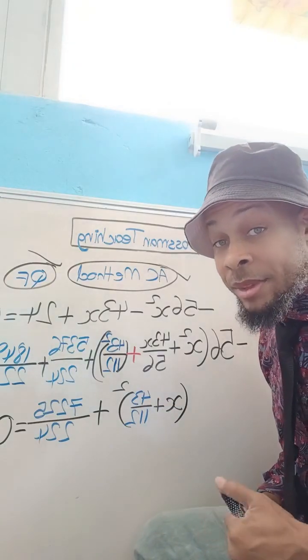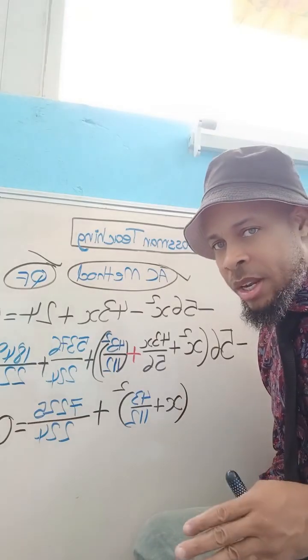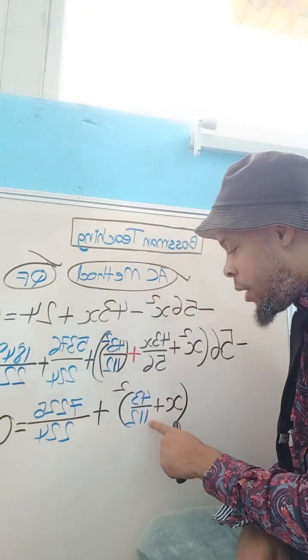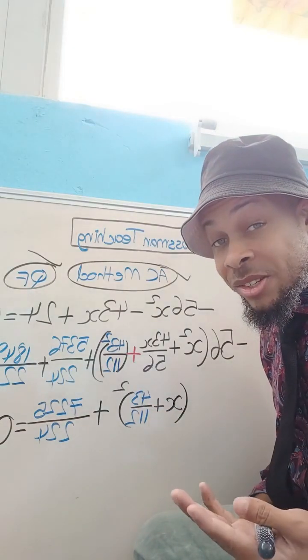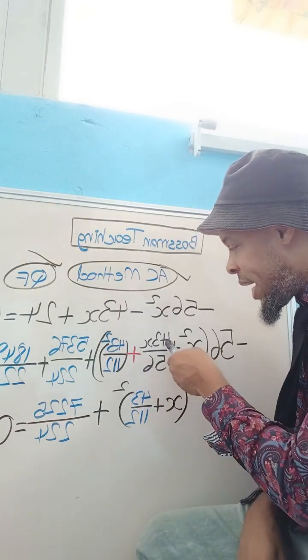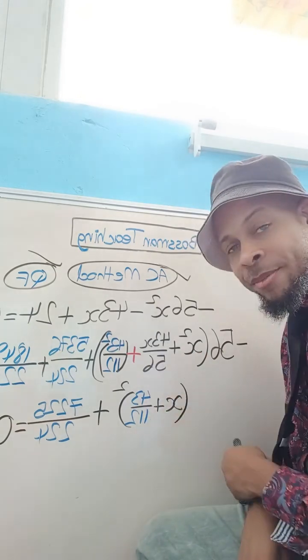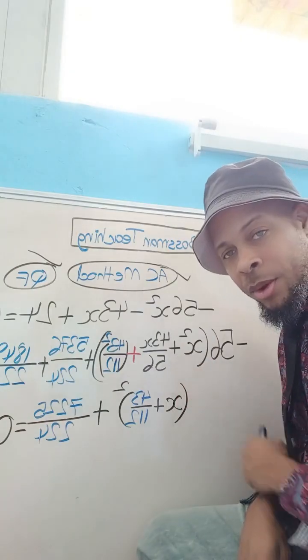Yeah? That's just the simplest way to put it. Now I can make a video separately explaining how this happens. Because if you add 43 over 112 plus itself, you get 86 over 112. Then when you divide 86 by 2, you get this. You divide 112 by 2, you get this. Therefore, it explains that if you expand this, you end up with that up here.